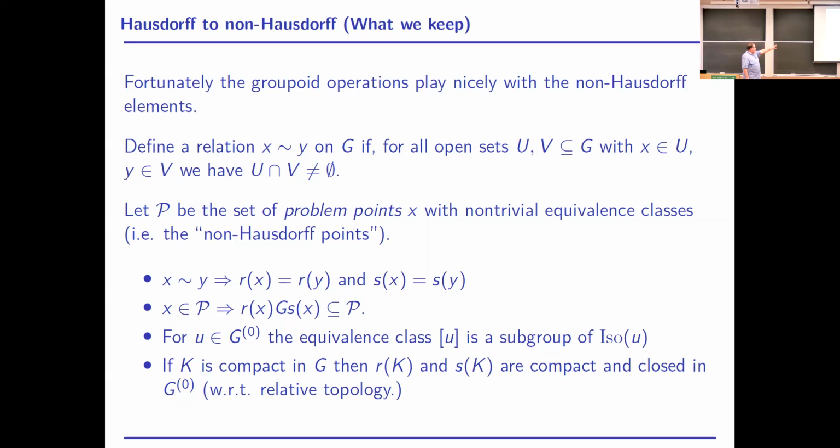That is going to be useful for detecting when a groupoid is non-Hausdorff, because if a unit u has a non-trivial equivalence class, if it's not separable from other elements of the groupoid, then its isotropy group is going to be non-trivial. That's what we're looking for when we check whether something is non-Hausdorff.